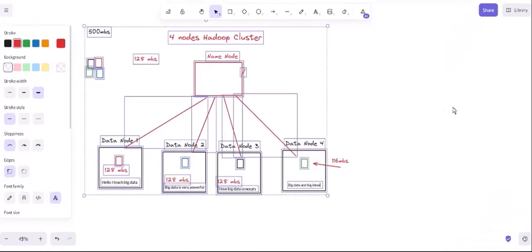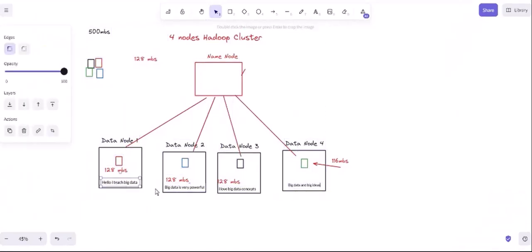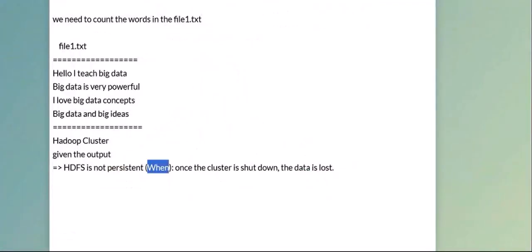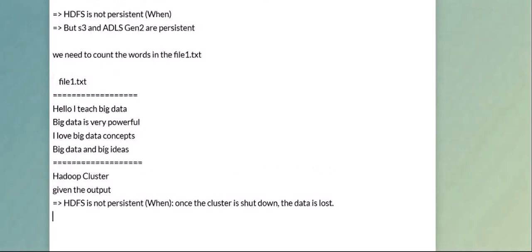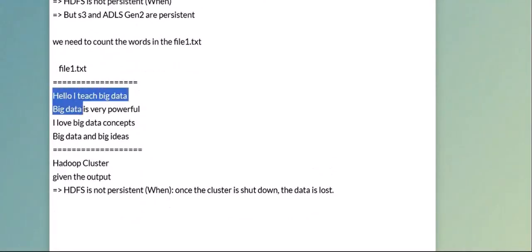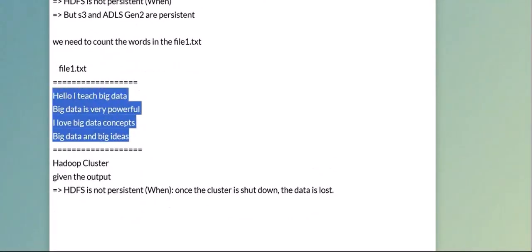Once the cluster is shut down, all the data which we have stored would be gone, would be lost. This is a very strict drawback of Hadoop, because when we demand a cluster for this kind of file, we will get data nodes.